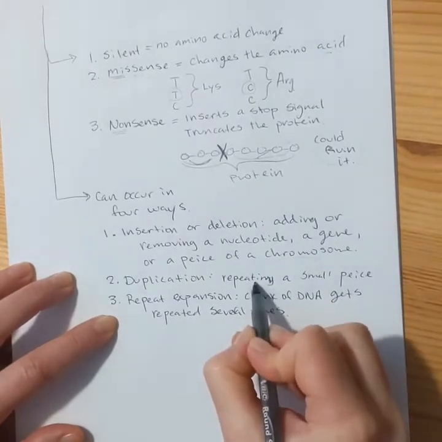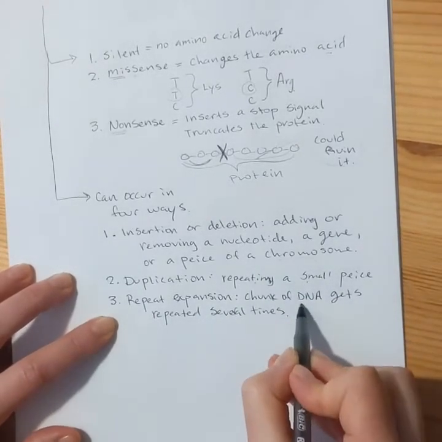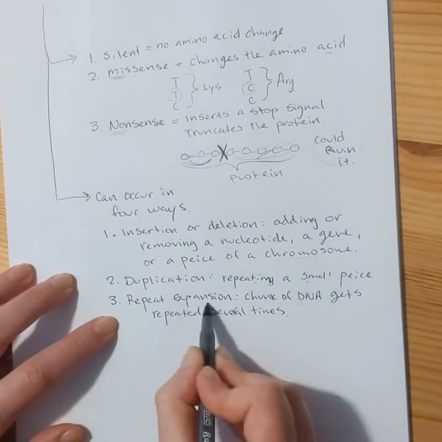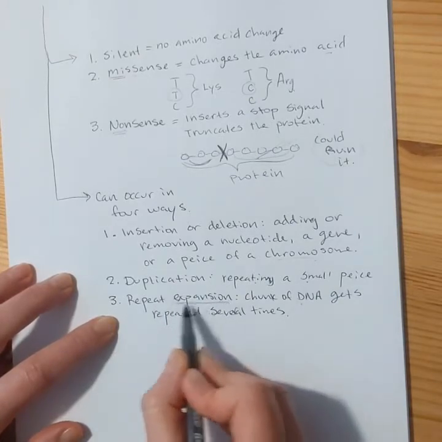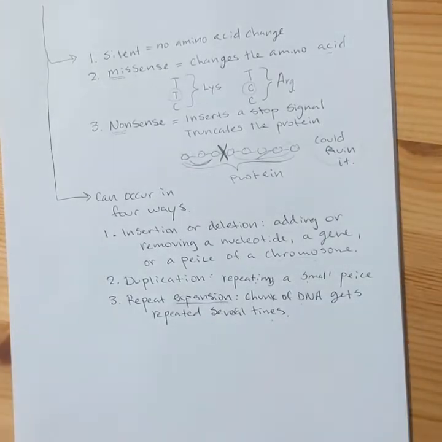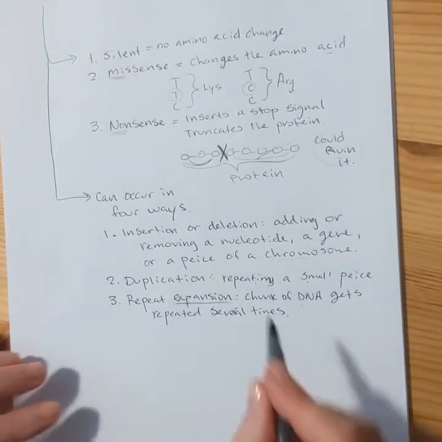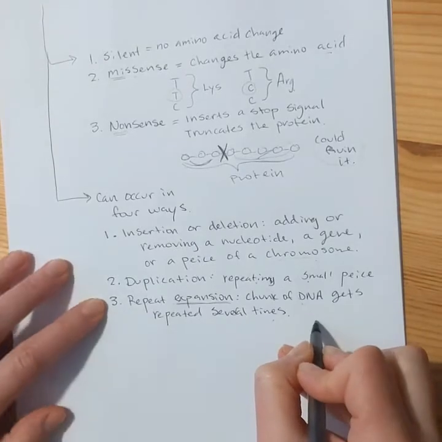So not just once, not just a little piece, this is a large chunk, and it could be several repeats. So repeat expansion, that's telling you a big part of it is happening. It could be repeated 3 or 4, even more times inside of your genome.